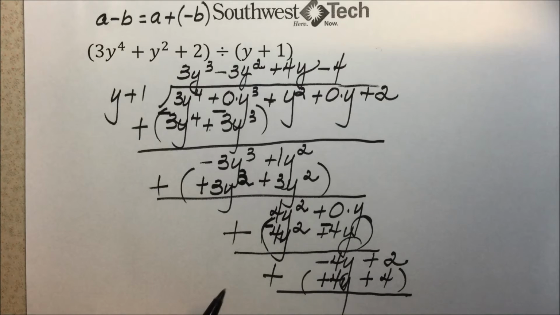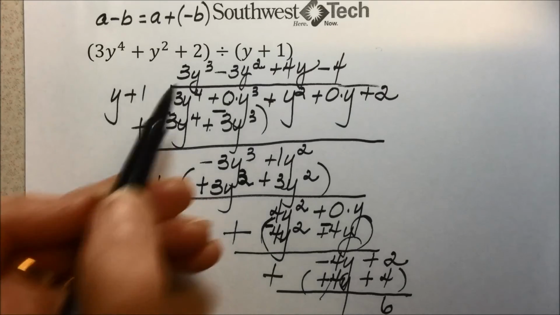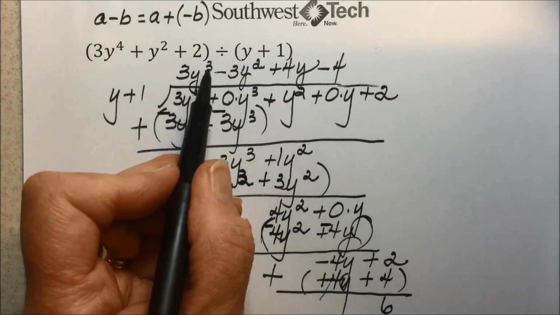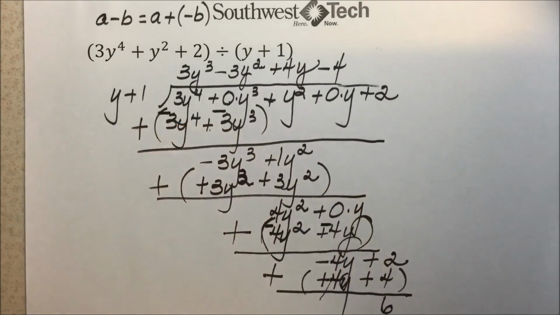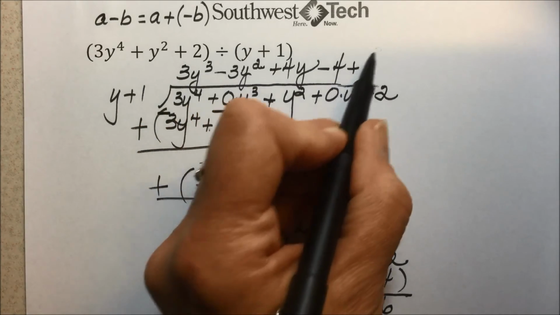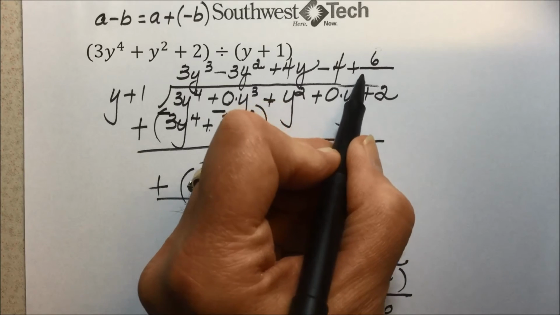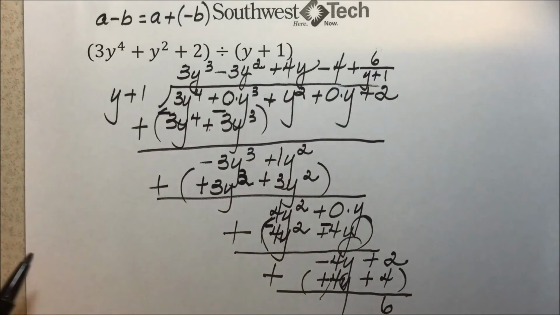The y terms are gone. 2 plus 4 is 6 for our remainder. So we would write, this is our quotient, 3y to the third minus 3y squared plus 4y minus 4, plus our remainder of 6 over y plus 1.